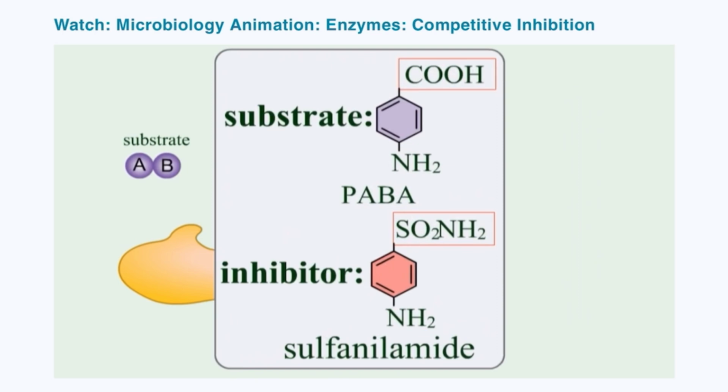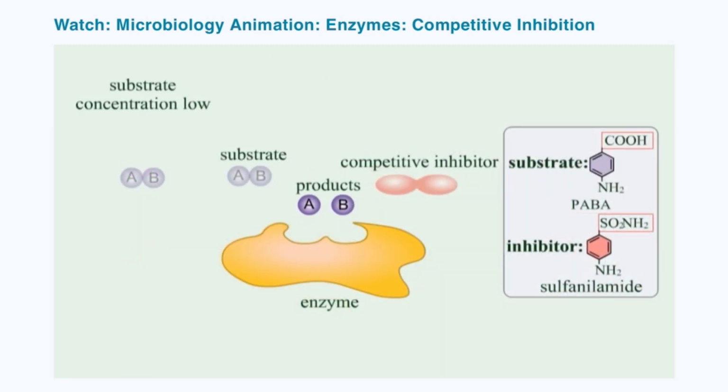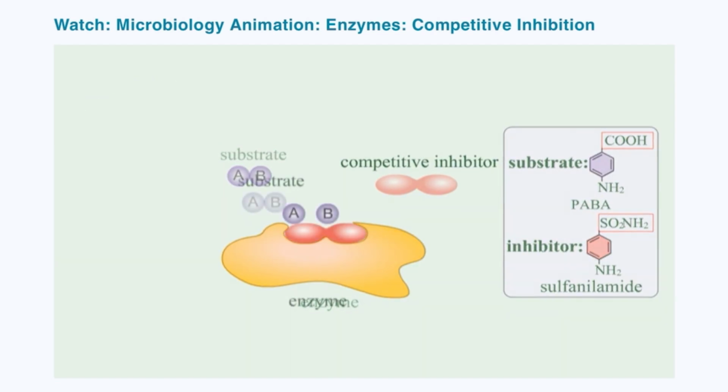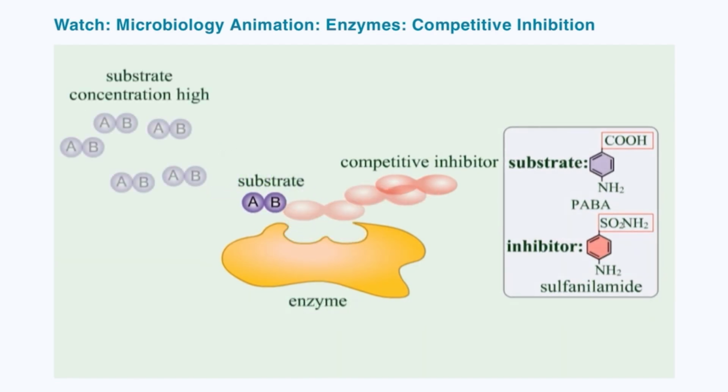For example, sulfanilamide is a competitive inhibitor for the enzyme whose normal substrate is para-aminobenzoic acid, PABA. Note the similarity in molecular structure of PABA and sulfanilamide. In competitive inhibition, competitive inhibitors compete with the substrate molecules for the binding site, slowing catalysis. However, if the concentration of substrate is much higher than the concentration of competitive inhibitor, the substrate will outcompete the inhibitor for the enzyme active site, and catalysis will continue.